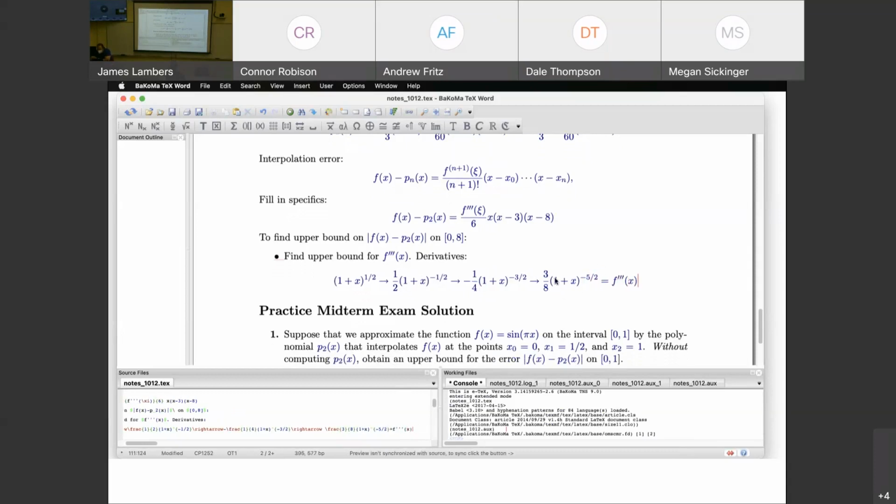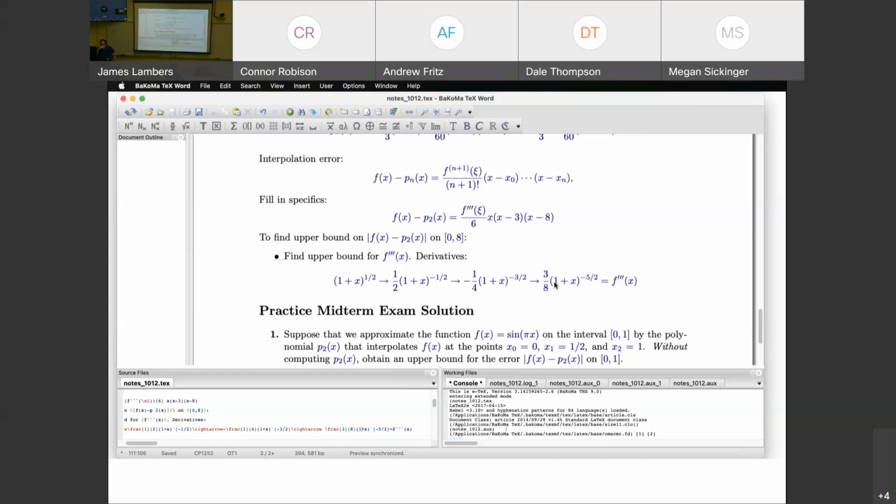What I could do is take the derivative of this and find critical points and all that. Well, actually, there won't be any, because x is between 0 and 8. Your next derivative is going to be another constant times 1 plus x to the minus 7/2. It'll never be 0. So that helps.